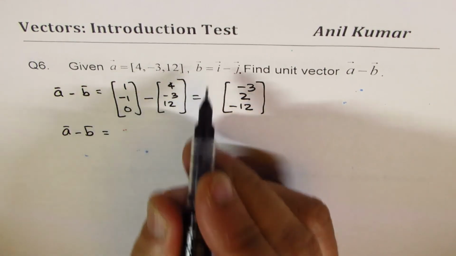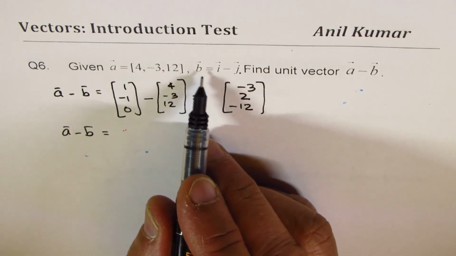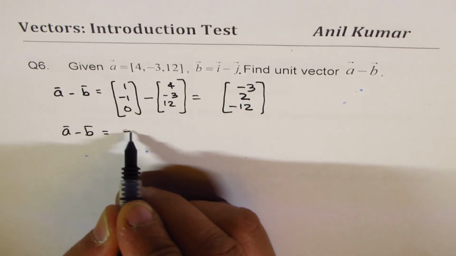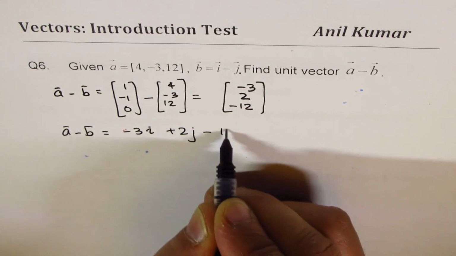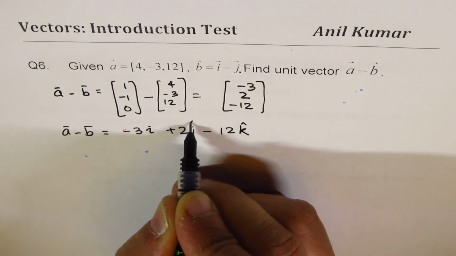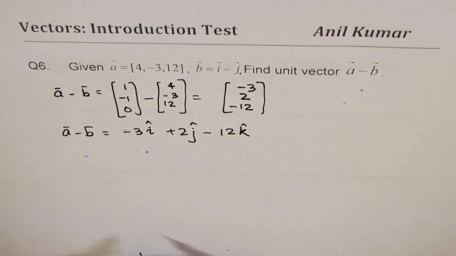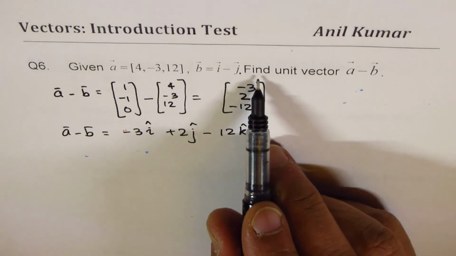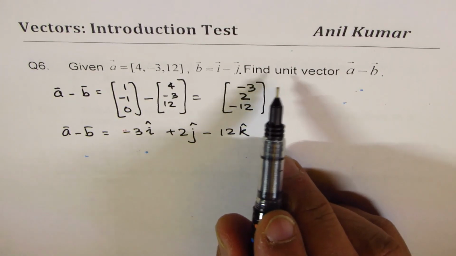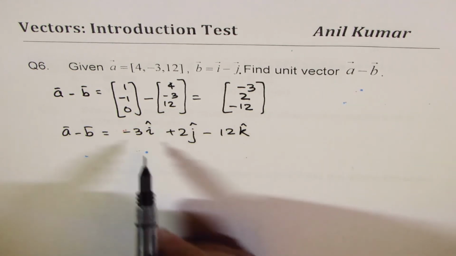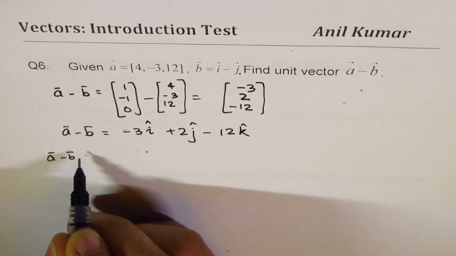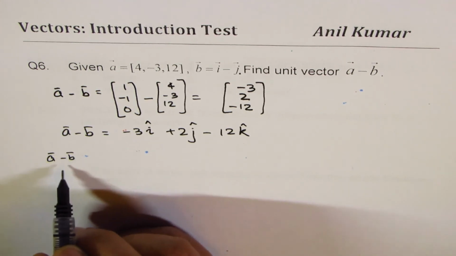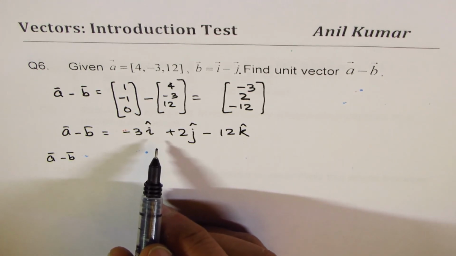So you could write this in either form. If you are writing in ijk form, then it is minus 3i plus 2j minus 12k, correct? Where i, j, k are unit vectors along the x, y, and z axis. So that is the vector. We need to find the unit vector, right? So the unit vector of A minus B. Unit means its magnitude should be 1, correct?